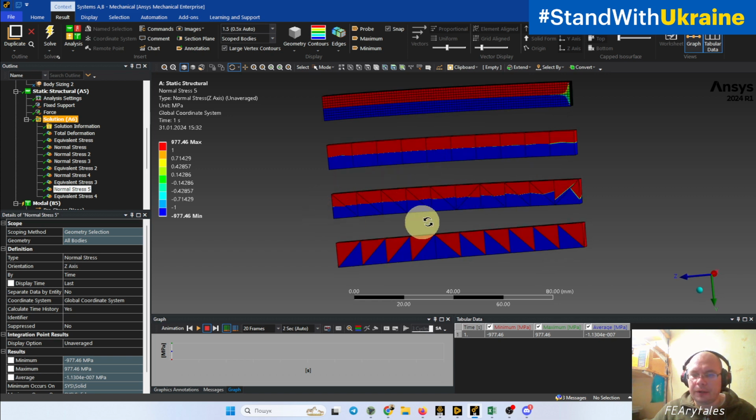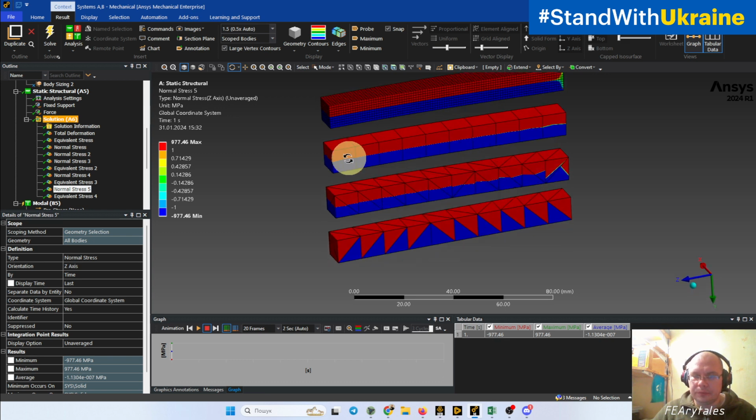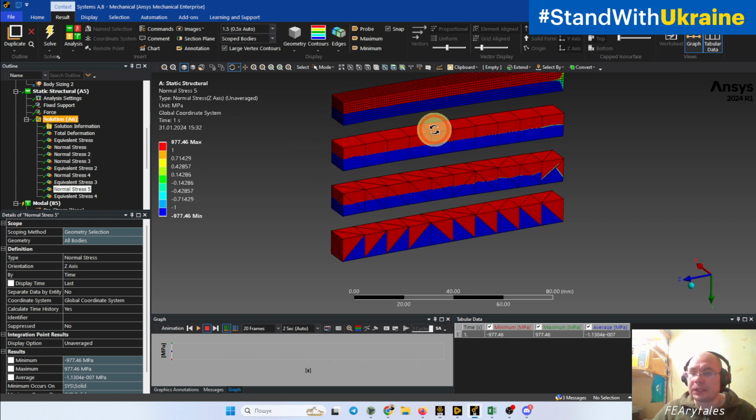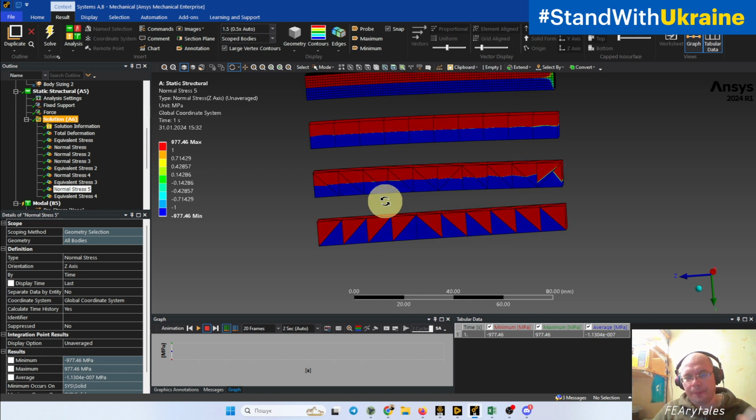It's more like this one. So the total time of calculation for these two beams will be almost the same. It doesn't matter that these have 7 times more elements than this one. But the accuracy, as you see, is only slightly different.